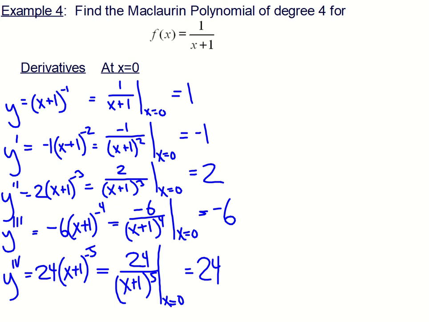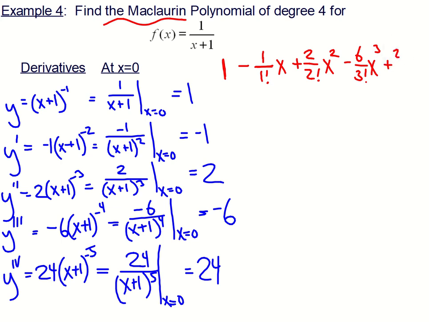So I'm going to start building these up, and remember the center is 0, so this is just going to be x minus 0, so I'm not going to bother to write that this time. I would have the actual value of the function at 0, which is 1. And then the next one, which would be minus 1 over 1 factorial times x to the first power. Then I would have plus 2 over 2 factorial x squared. And then minus 6 over 3 factorial x cubed.